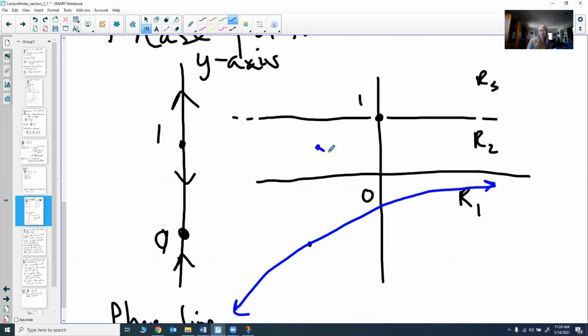When we're decreasing from that point, we know we're not going to be able to leave here, so we must be coming closer and closer to this line. If we went the other direction, heading towards negative infinity, we know we can't leave here. We know we're going to be monotonic. We can't cross that line because we can't get out of here. So we must be heading towards it monotonically.